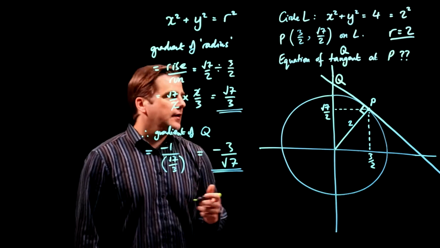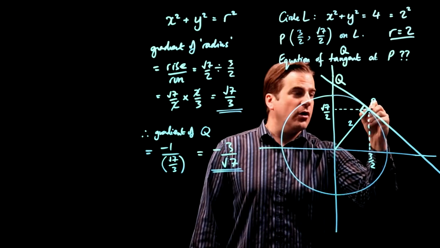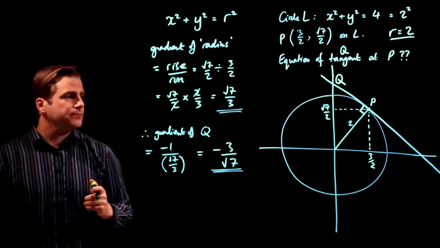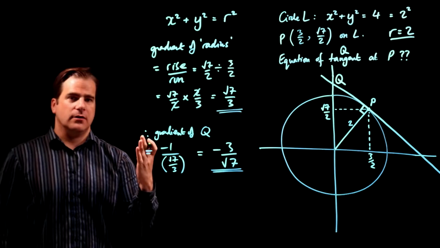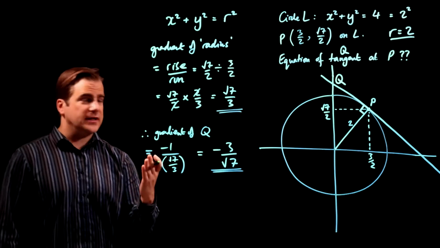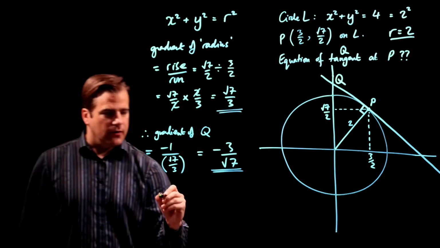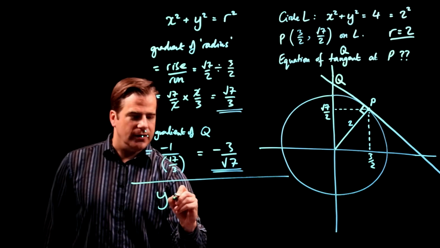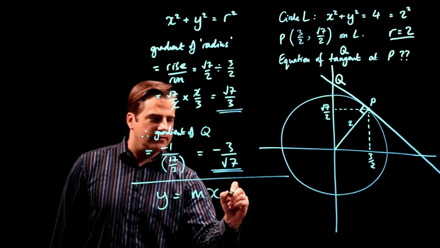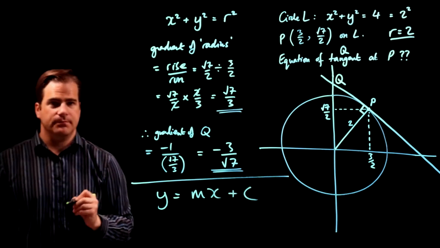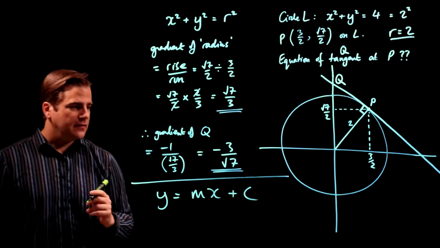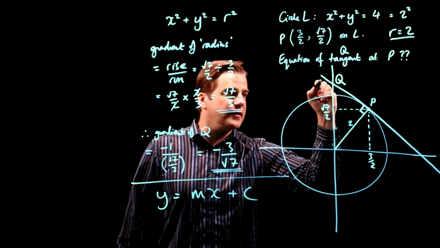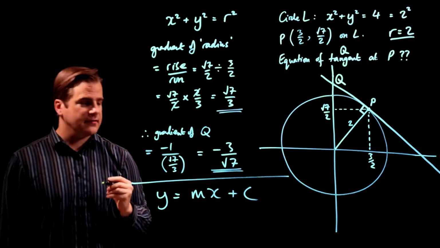Right. So now, how do we get the whole equation of Q? Well, there are two forms of the equation of a straight line you need to know. y equals mx plus c is one of them, where m is the gradient and c is the y-intercept, so that point there would be c, where it crosses the y-axis.